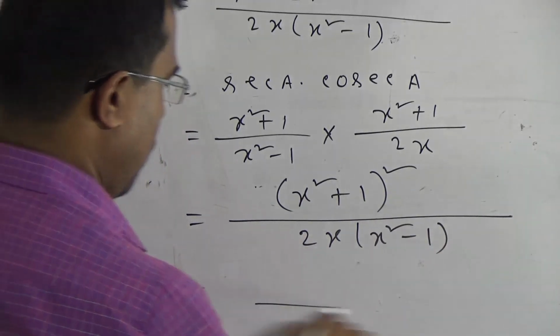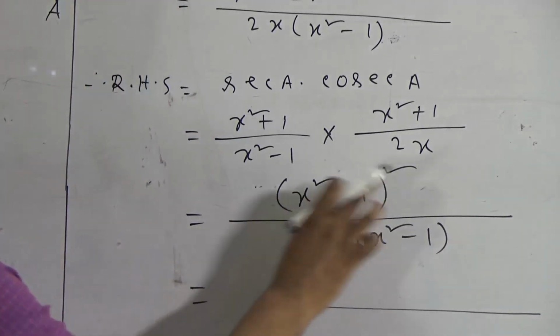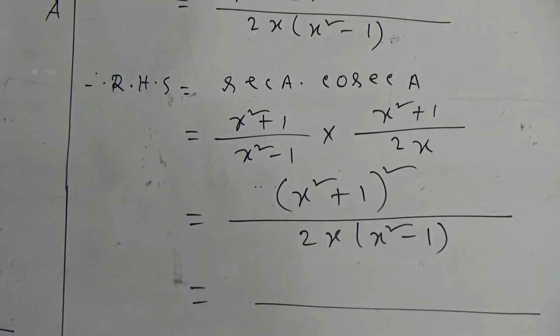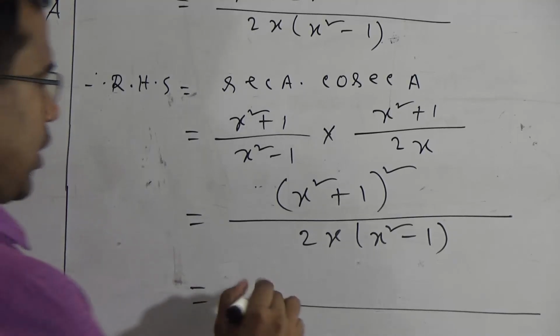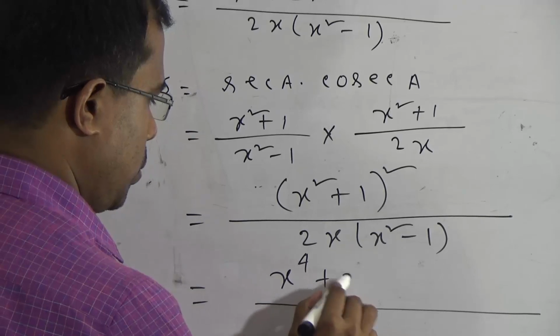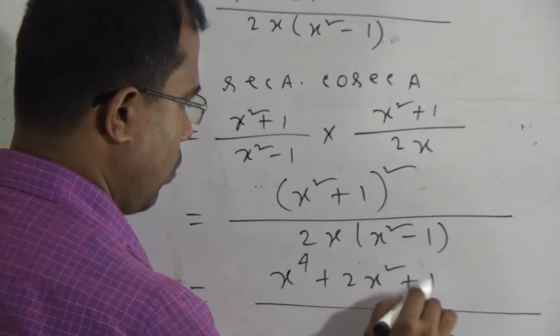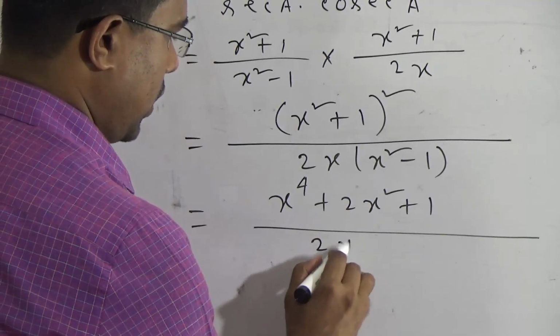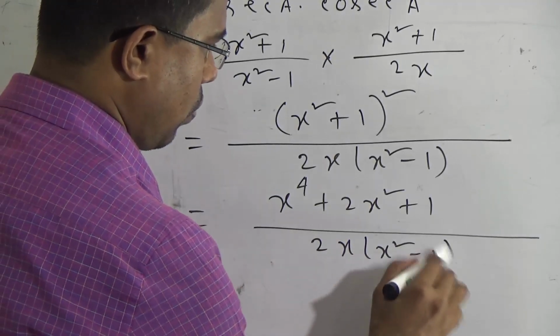Now here we will apply the formula a plus b whole square. We will consider x square as a and 1 as b. Then a square plus 2ab plus b square. That means here x to the power 4 plus 2x square plus 1 will come, and in the denominator 2x into x square minus 1.